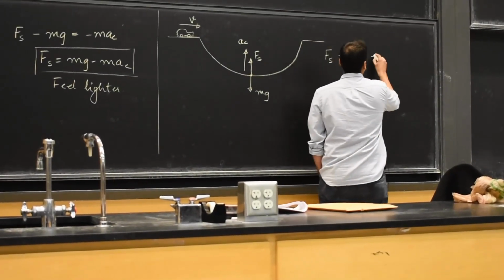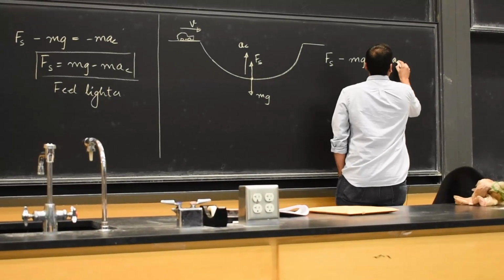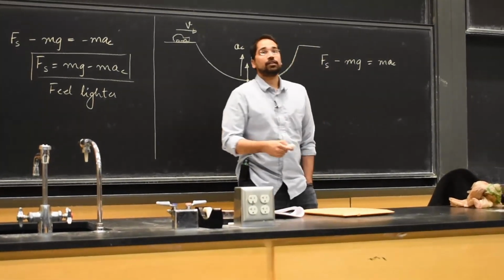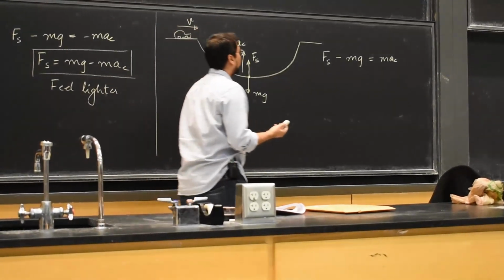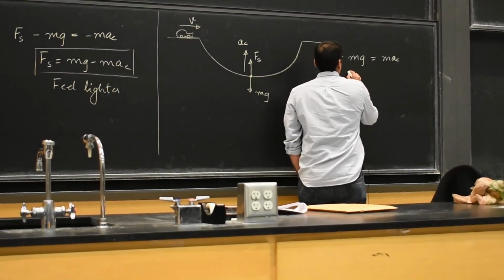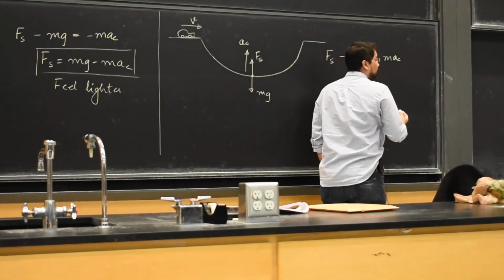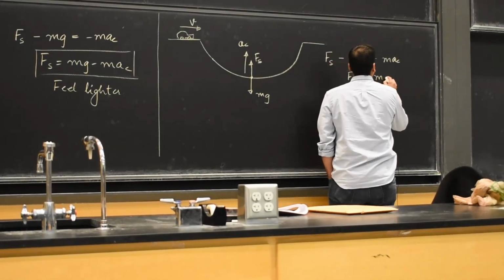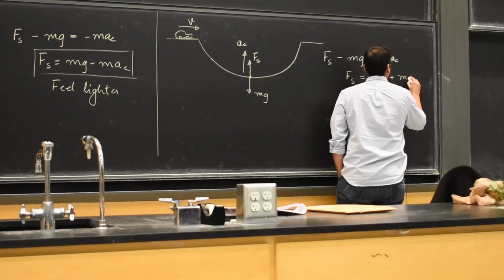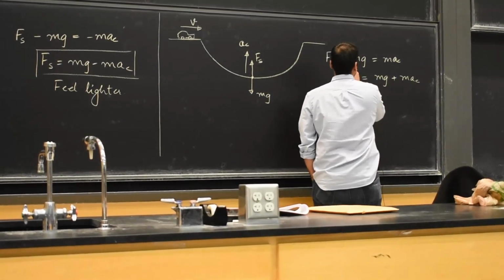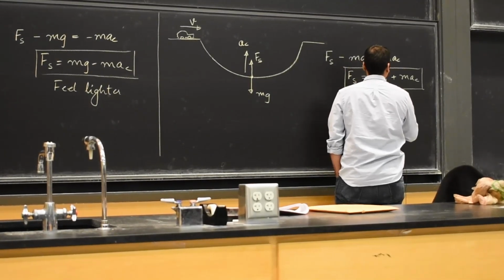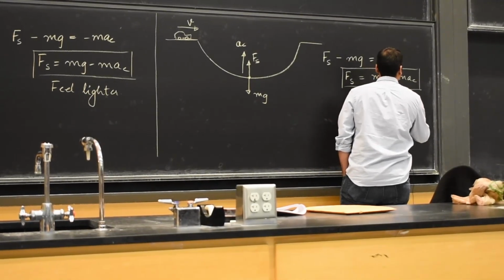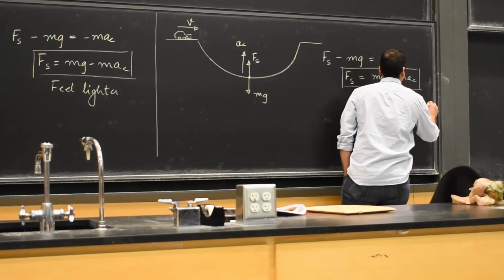This must be equal to mass times acceleration. In this case, the acceleration is centripetal acceleration, again pointing upwards, so it's positive. That means my weight, which is given by Fs, is mg plus mac. So I feel heavier.